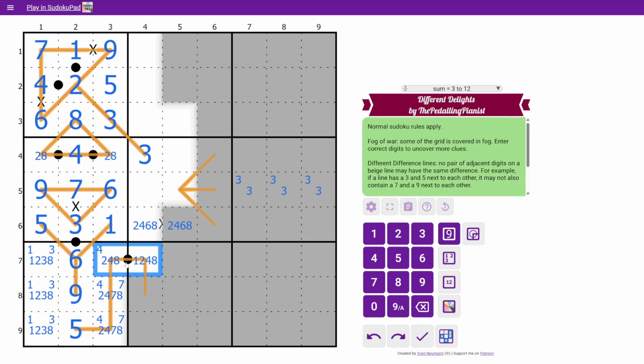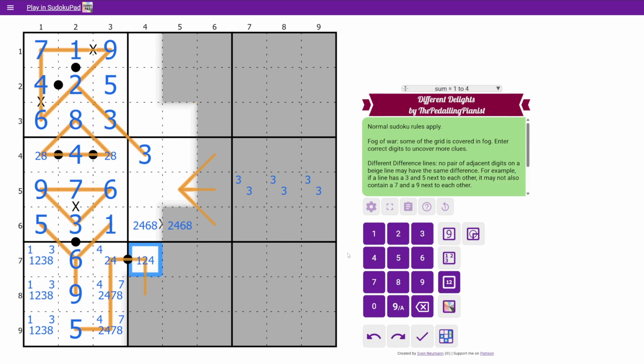There would be a difference of 4, so the 4 could not go under. The 4 would have to go here, and the 7 here, and that would be a difference of 1 here and a difference of 1 here. So this cannot be an 8.